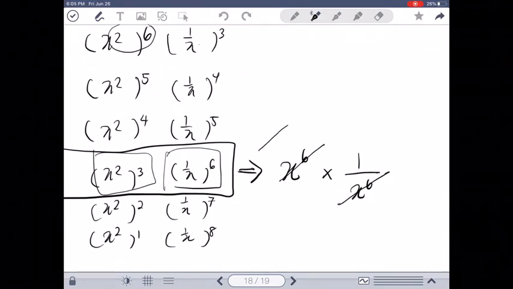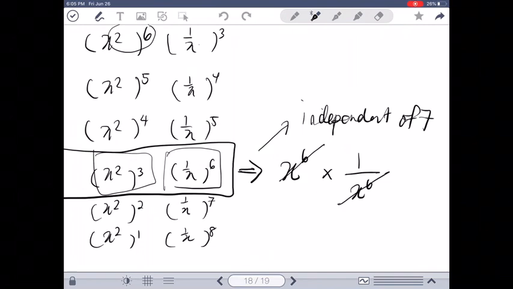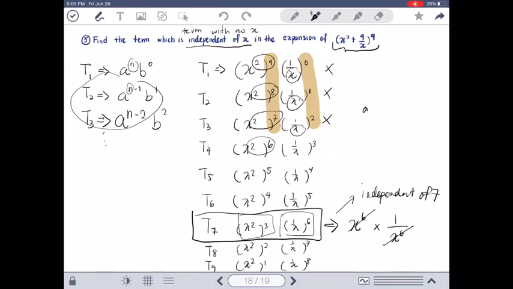So term number 7 will have x independent. Term number 7, we will have independent of x. So the final answer is term 7.